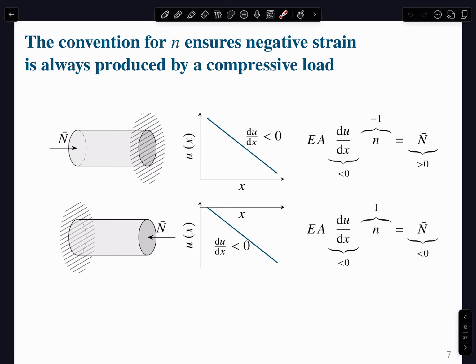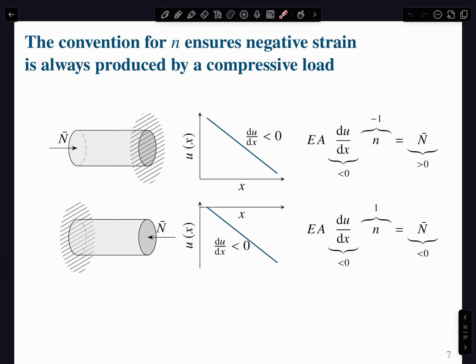So if EA du dx, which is the value of the force, here should be greater than 0. Sorry, this is negative strain, so it's less than 0. And then my applied load at that end is positive. In order to make this happen, my value of n has to be equal to -1.